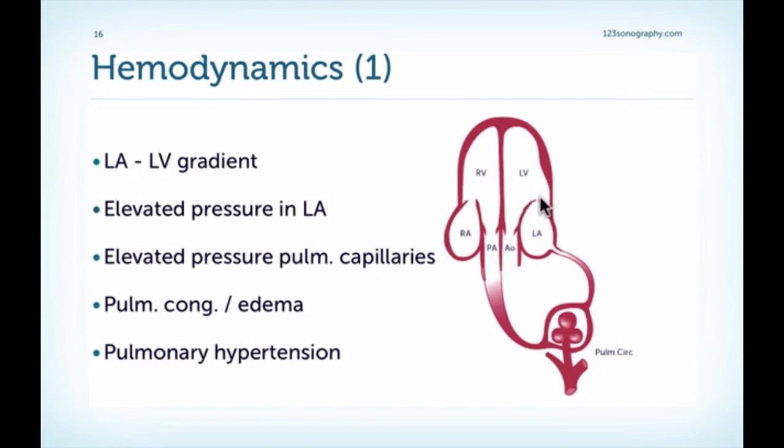Well, the problem is that we have obstruction to inflow to the left ventricle, and thereby we have a gradient between the left atrium and the left ventricle. This means that we have an elevated pressure in the left atrium, which translates to the pulmonary circulation, to the pulmonary capillaries, which leads to pulmonary congestion and in the worst case even to pulmonary edema. And finally, we also have the development of pulmonary hypertension.